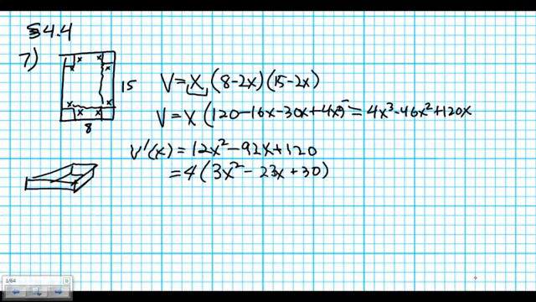All right, and now we want to know when does 4 times 3x squared minus 23x plus 30 equal 0?